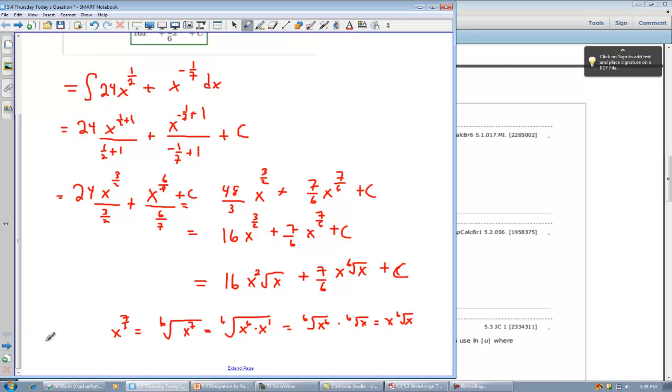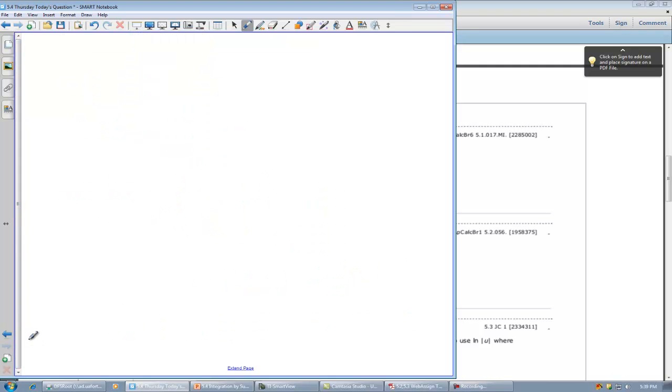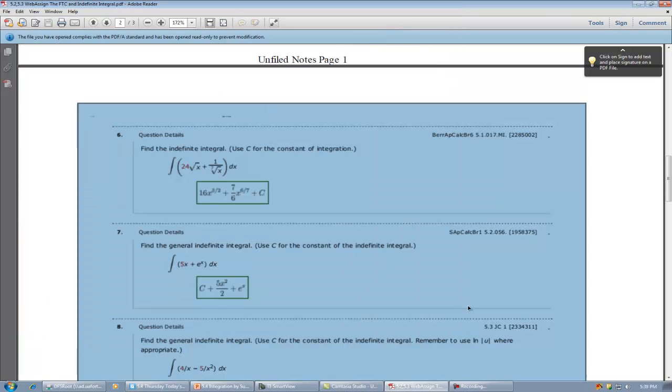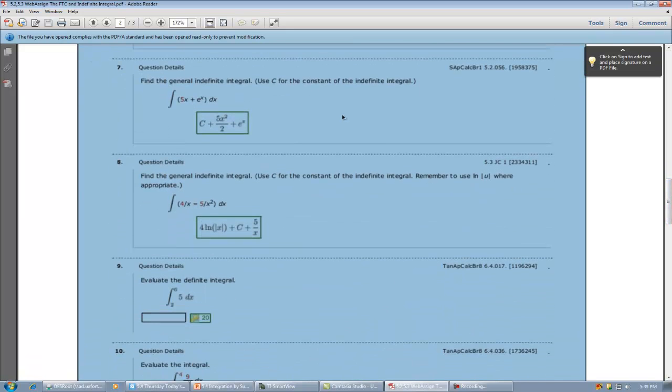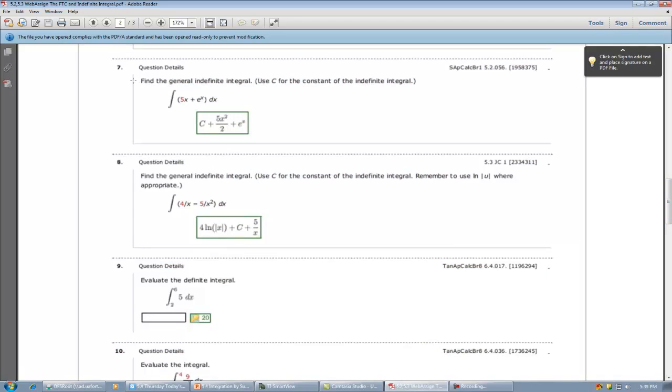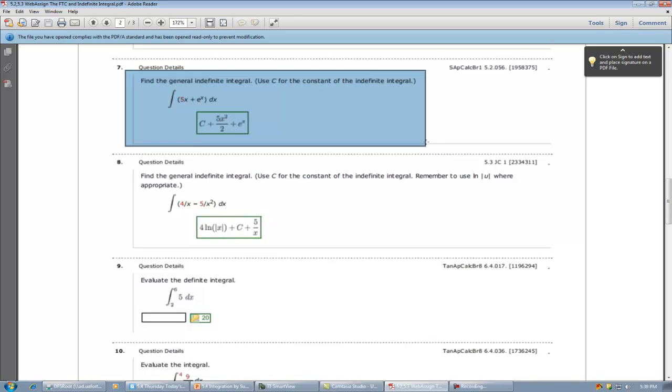All right, the next one I want to look at is number 7. So let's take a look here at number 7. All right, so on number 7, I have an exponential function.